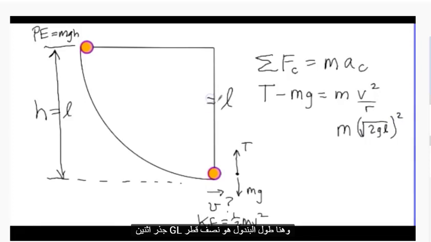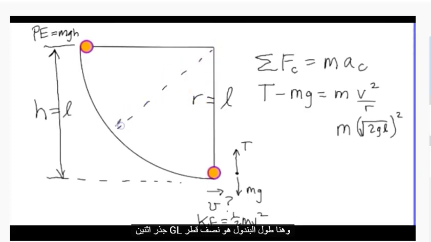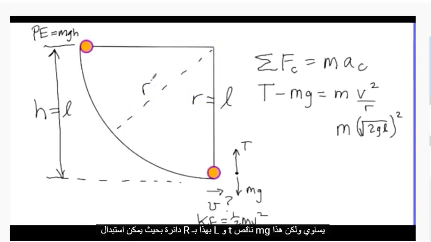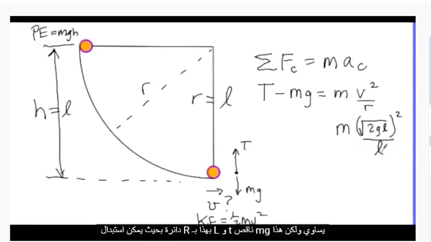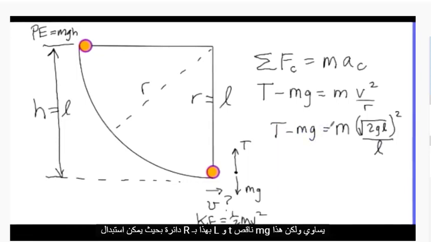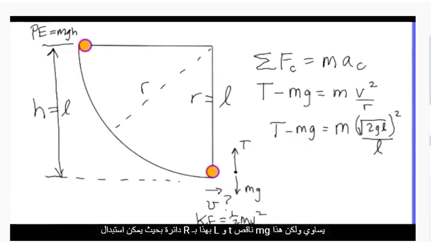And over here, the length of the pendulum is the radius of the circle. So this r then can be replaced with L, and T minus mg equals this.